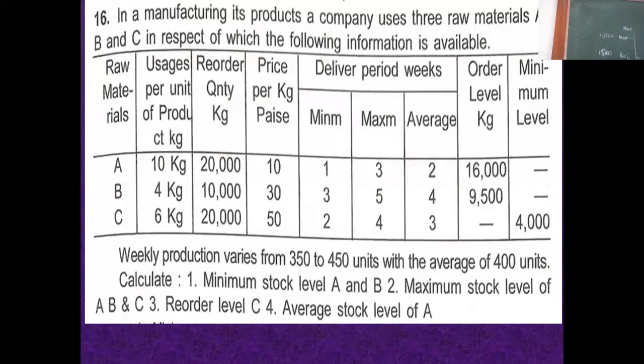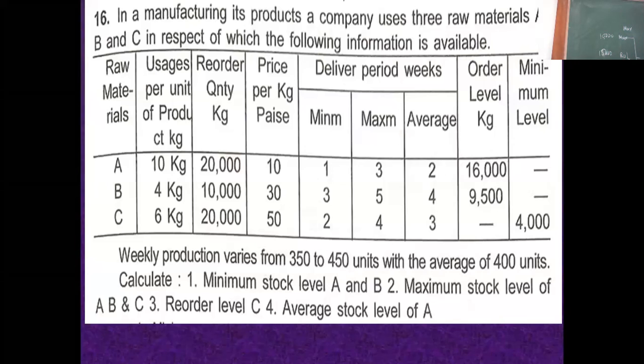That is horizontal form, this is vertical form. ABC material usage is the same: 10 kg, 4 kg, 6 kg. Then reorder quantity 2000, 20,000, 10,000, then 20,000. See, reorder quantity, UOQ or ROQ. Then price is here.